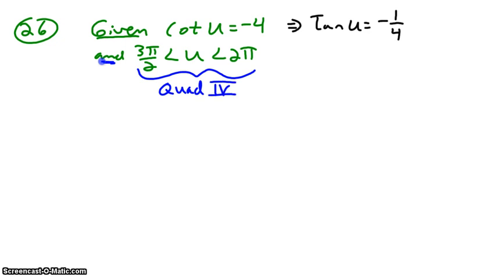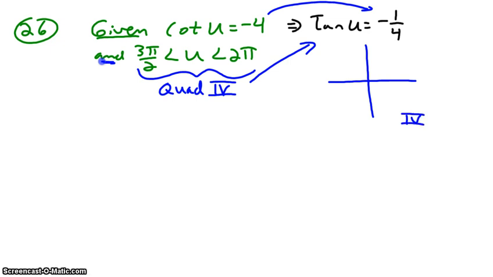Now, that being true, I know that tangent is the reciprocal of cotangent, so the reciprocal of this -4 is -1/4. Now, as we had just said, this will happen in quadrant 4. So down here, what will happen?